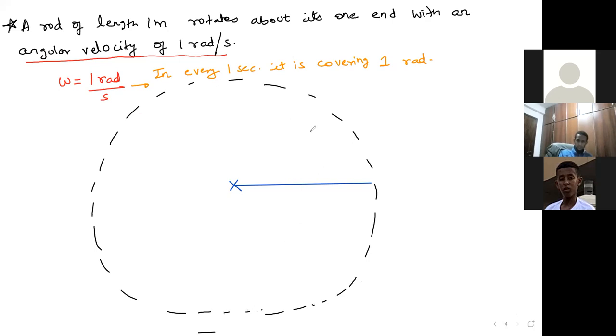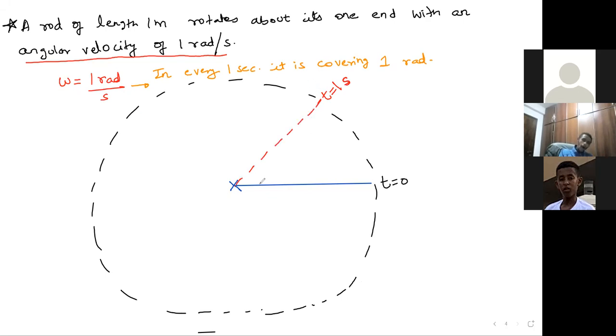So can I say at time t is equal to 0, my rod is over here? After some time, at time t is equal to 1 second, my rod will be here. And how much angle must it have covered?